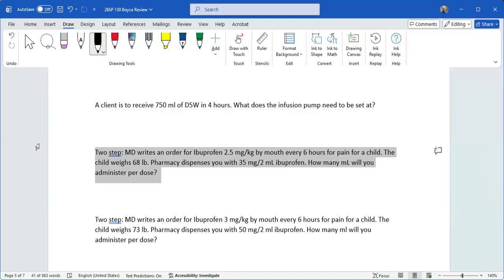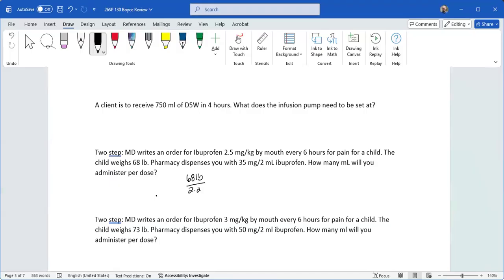Good. Yeah, you should get 4.4 milliliters. Just so everyone's on the same page, we're going to take our 68 pounds divided by 2.2, and that's going to give us our kg, which is 30.9, times the 2.5.